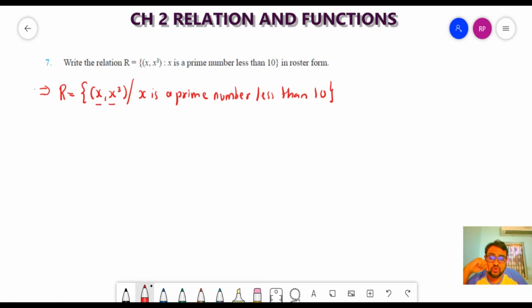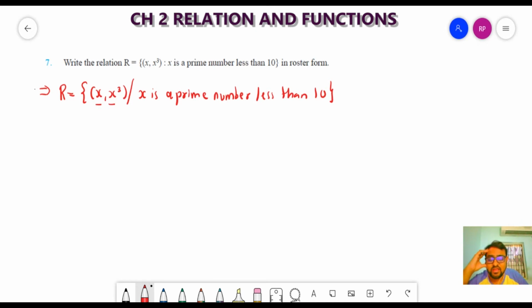Now which values of x you can take? It is given that x is a prime number less than 10. So which are the prime numbers? The prime numbers are 2, 3, 5, 7, 11, but 11 is greater than 10.